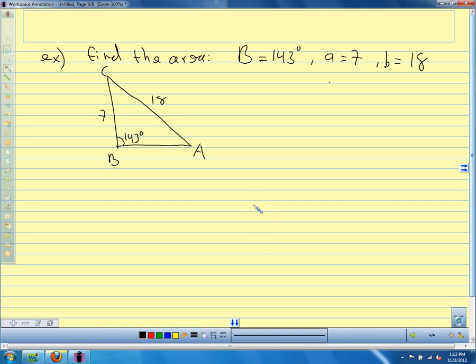But from our formula, we know that our formula is area equals 1/2 AB. Should be, what am I missing here? It should be sine C. So let's see, did I set my problem up wrong?